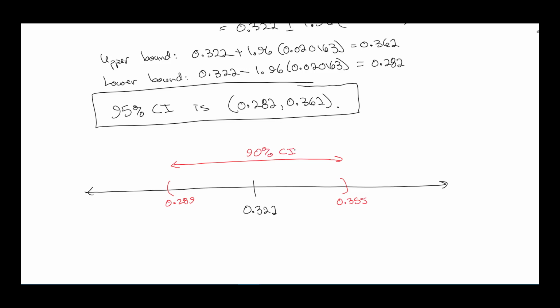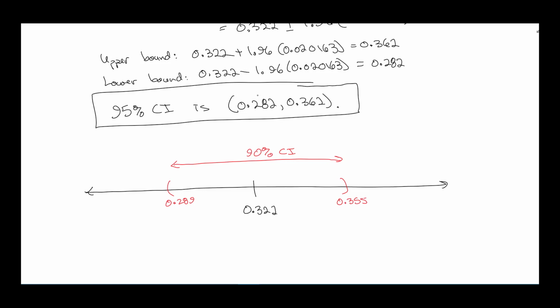Okay, so now let's look at the 95% confidence interval. So how far apart is that? 0.82. So that's actually pretty close. That's a lot closer to the 0.289 than it is to the point estimate in the middle. I'm eyeballing distances here.